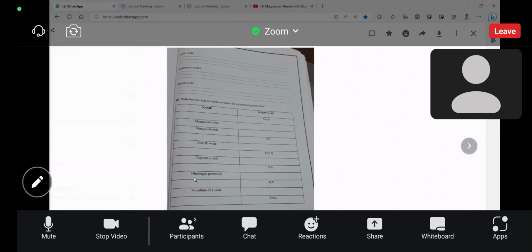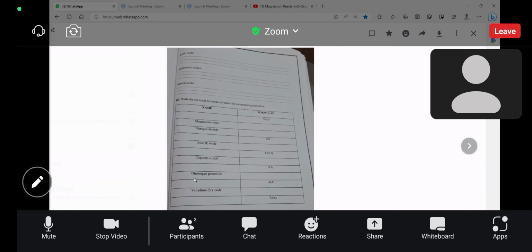And what about dinitrogen pentoxide? Mono means 1, di means 2, tri means 3, tetra means 4, penta means 5.